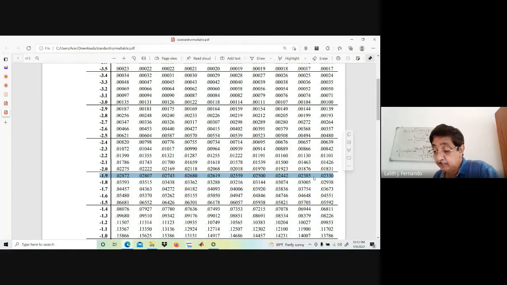Then you get 0.02363. That is the value. So then the probability value comes as 2.363. The probability is 2.363. The PD is 2.363%.